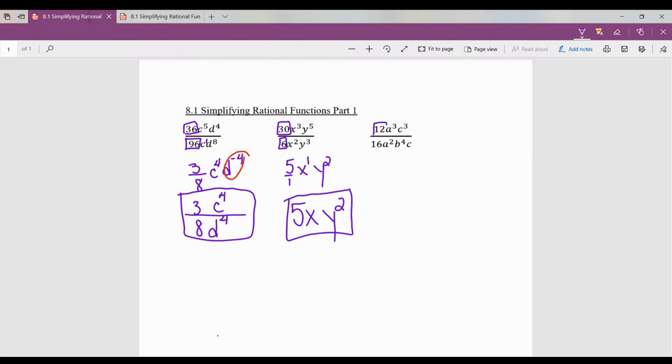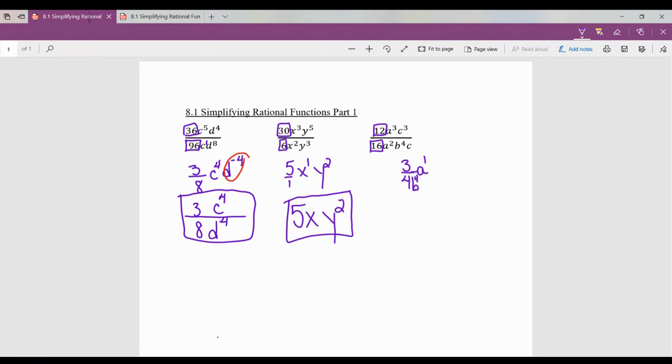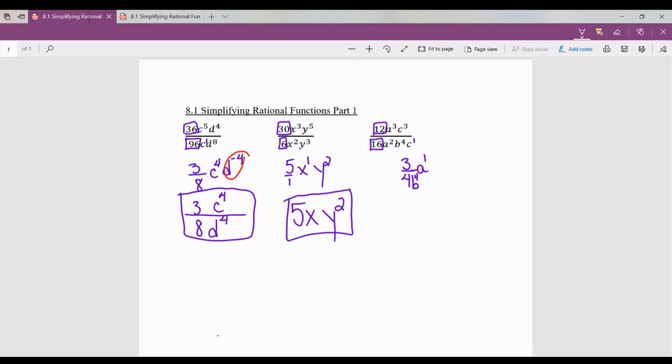All right, last one. We've got 12 over 16, so we can divide them both by 4. So we've got 3 over 4, and then we subtract those exponents. A to the 3rd over a squared is going to be a to the positive 1. B to the 4th is in the denominator, so I'm going to just keep that in the denominator, b to the 4th, with that 4. And then that c in the denominator doesn't have an exponent, so I put a 1 there.